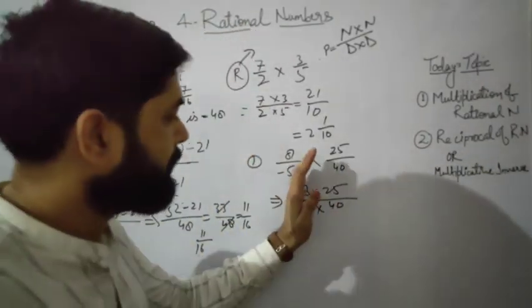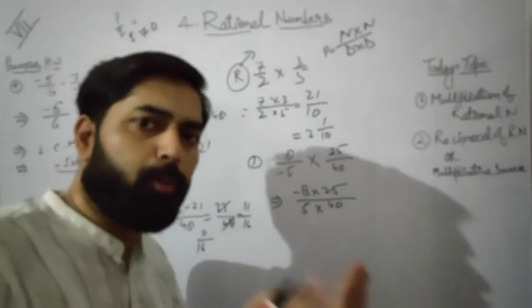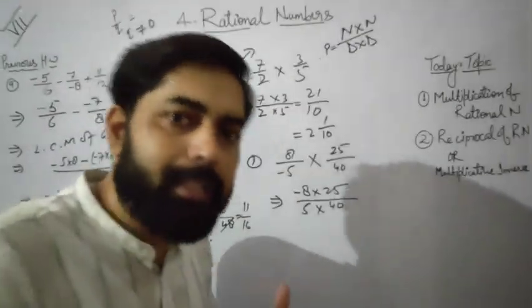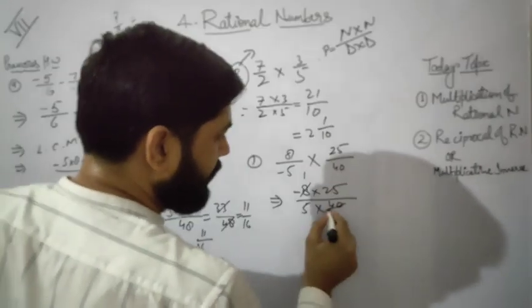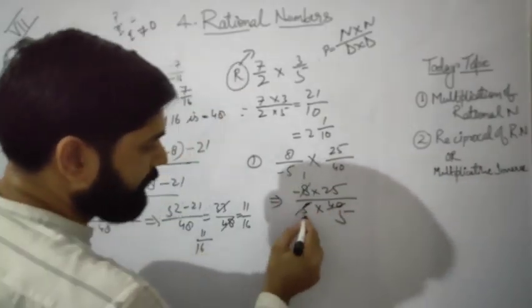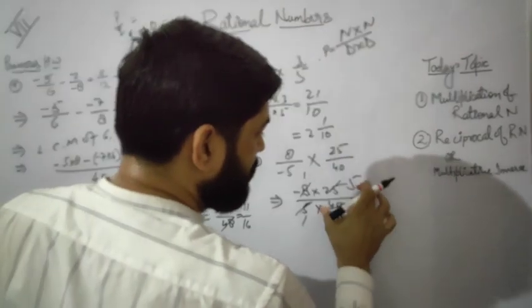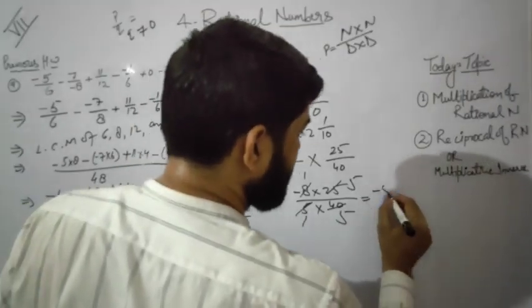So look here, forget the minus 8, forget the minus, just match whether any numbers here are divisible by each other. Yes, 5 and 25, 8 and 40. 8 ones are 8, 5 fives are 25, 1s are 5, 5s are 40. Look here again, what do we get here? We get minus 5 upon 5.